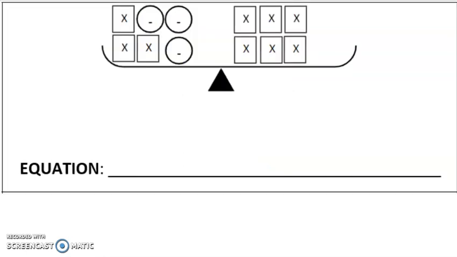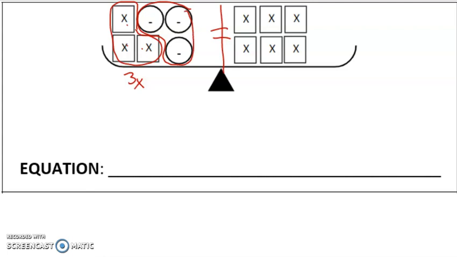Okay, so let's do it again. I see it's balanced, so this tells me these two sides are the same value. They equal the same. So we look on the left, we're going to count up our variables. I have 1, 2, 3 x's. And I'm going to count up the constants. Remember, those are different than variables.